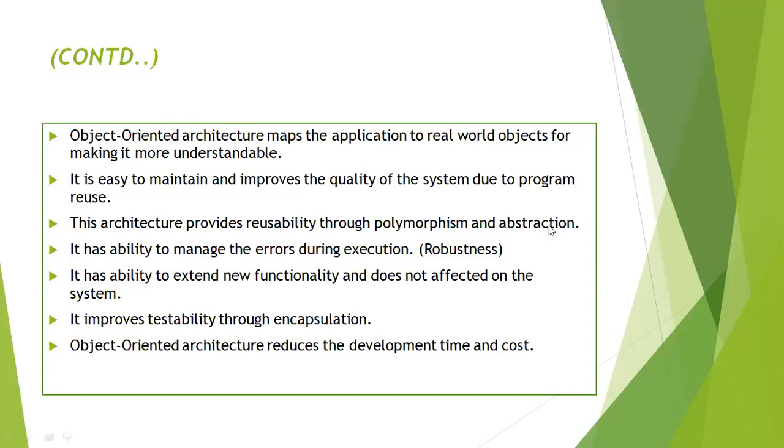What is abstraction here? Abstraction in the sense, it will show the essential features by hiding the unessential features. Whatever features we need to see, only those will Java show us.